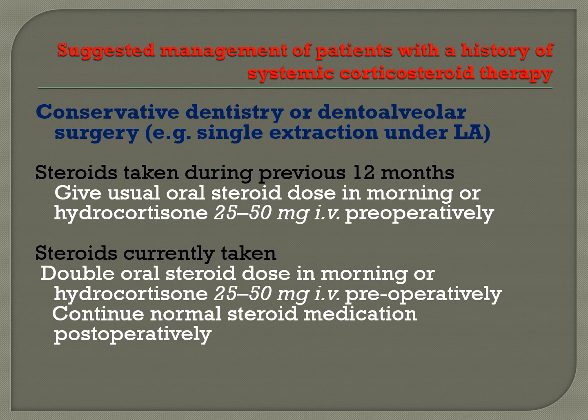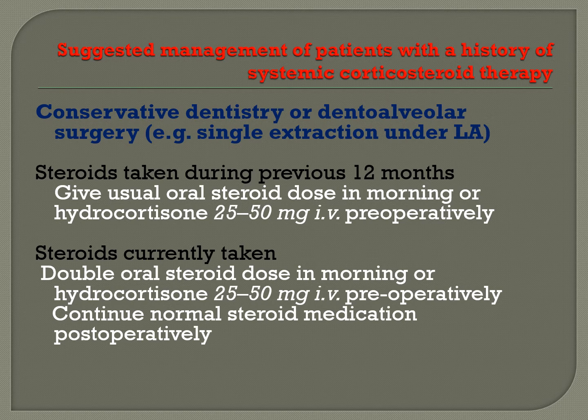So, what is the suggested management of patients with a history of steroid use? That means the patient has a history of steroids. What are the things you will do? If that type of patient comes to your clinic for a simple procedure, such as a filling or a normal single tooth extraction, what will you do? First, check the previous steroid history over the last 12 months.